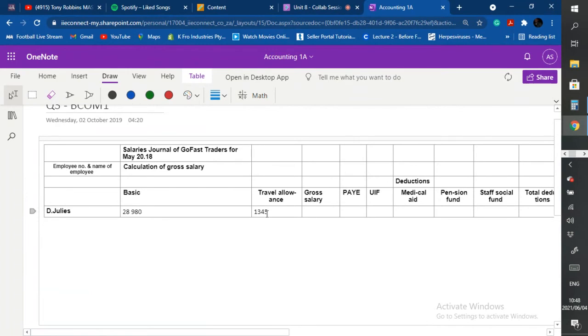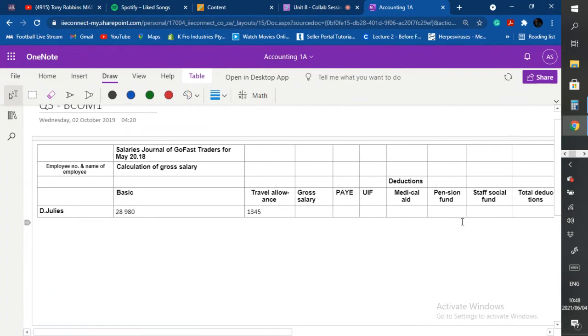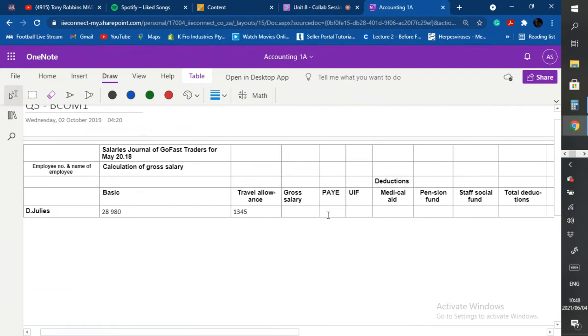Then it goes on to say his PAYE, in other words, his tax for the month, amounts to 4,663. Can you see what I was saying? This is fairly easy because literally you are taking information they've given you and just placing it into the right places.